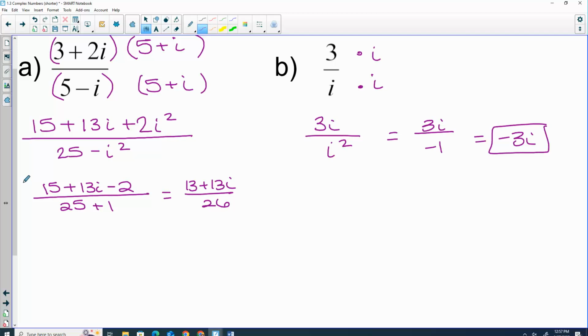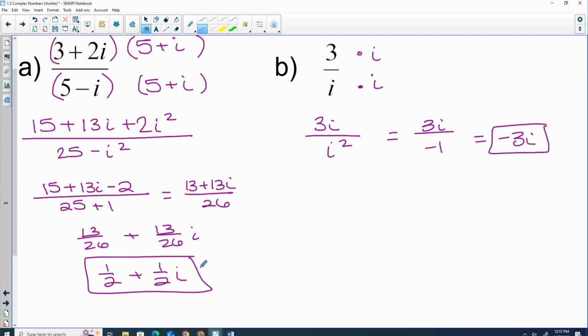Divide them. Because I said standard form, first of all, this fraction can be reduced, but second of all, standard form wants us to go ahead and break it apart. So think of it as 13 over 26 plus 13 over 26i. Each term on the numerator gets divided. So we get 1/2 plus 1/2 i.